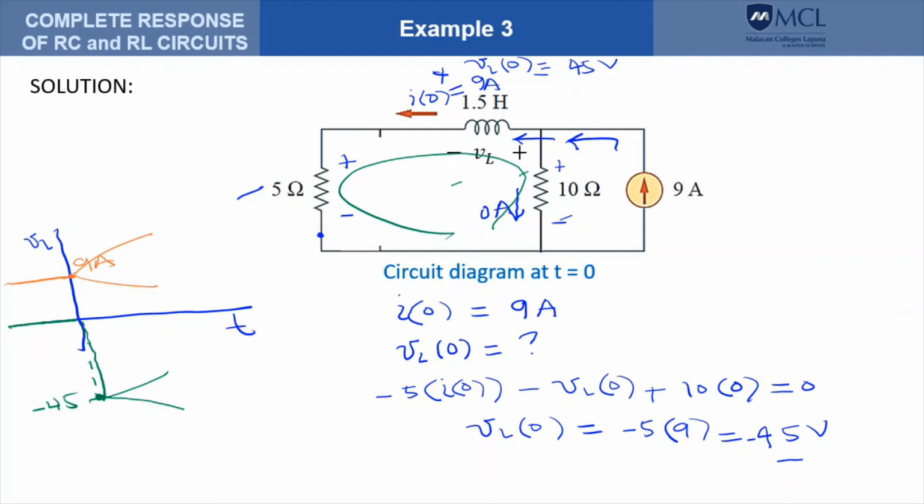And these two quantities, the voltage and the current, will settle into a new steady state as time increases. We will later determine the new steady state of these circuits once we go to the complete response of RC and RL circuits.